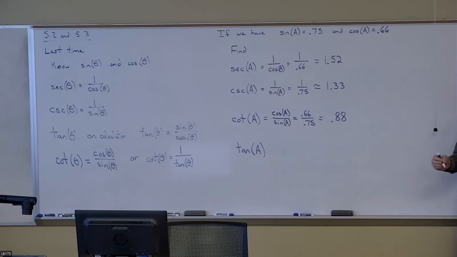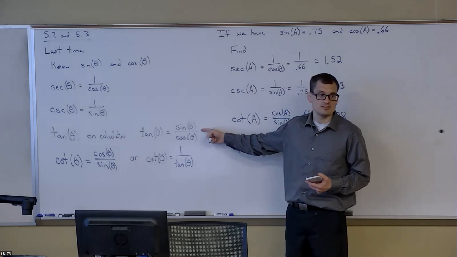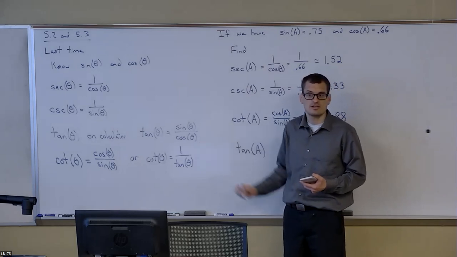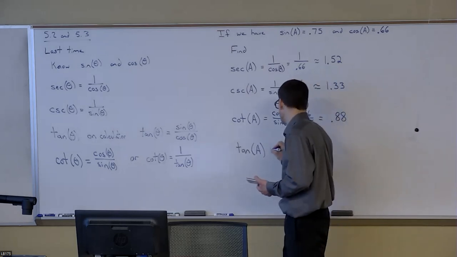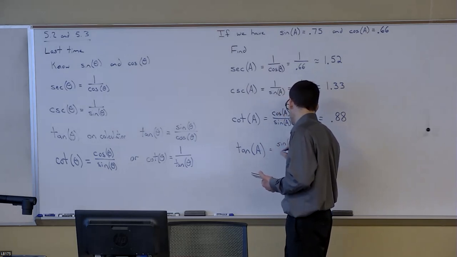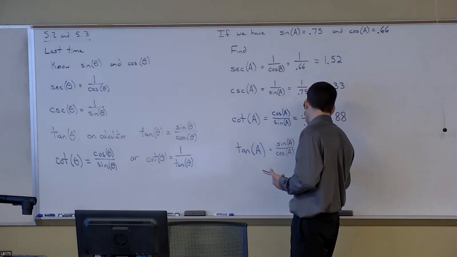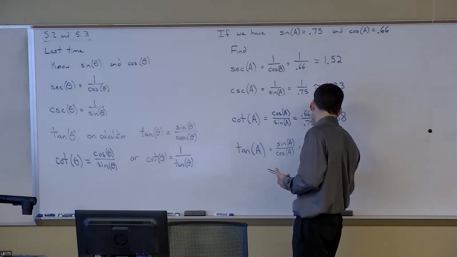And then tangent, well, I'm going to use this version of tangent, the sine over cosine version of tangent. So tangent is always sine of the angle divided by cosine of the angle. So that's 0.75 over 0.66.